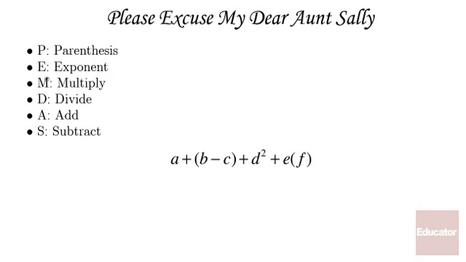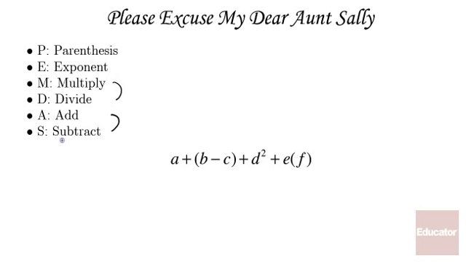And then for M and D, multiplying and dividing, they're actually the same. When it comes to multiplying and dividing, you're just going to multiply or divide across, whichever one comes first. And then adding and subtracting are also the same.